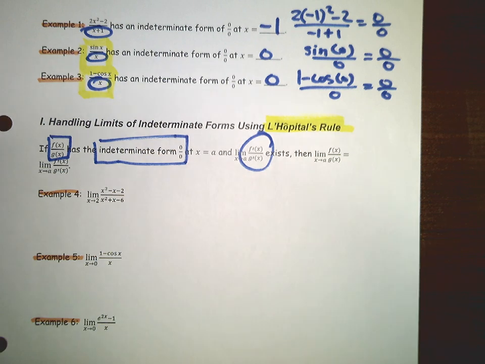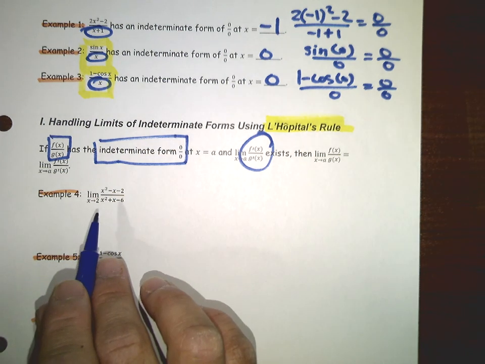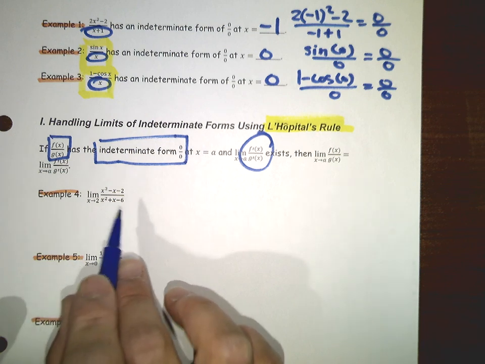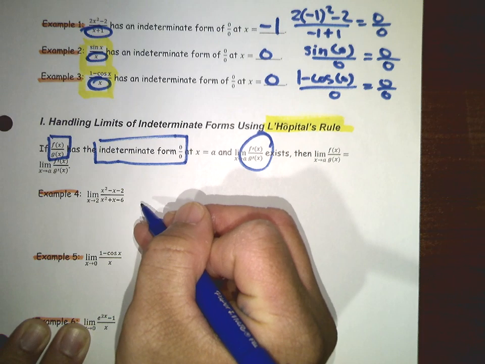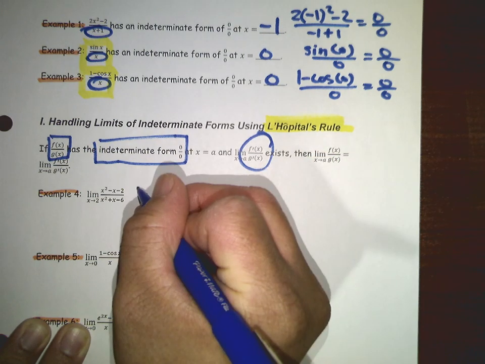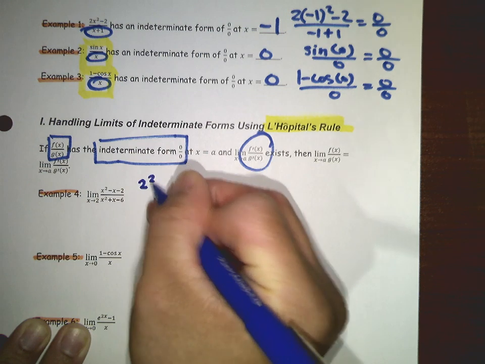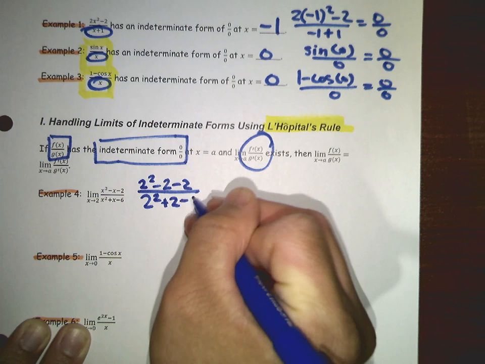All right, so here we go. So we have the limit as x approaches 2 of x squared minus x minus 2 over x squared plus x minus 6. Let's verify that this is an indeterminate form. At x equals 2, that's 2 squared minus 2 minus 2 over 2 squared plus 2 minus 6.